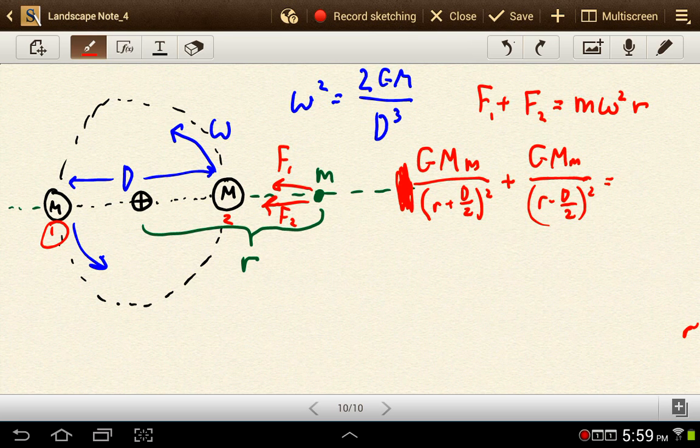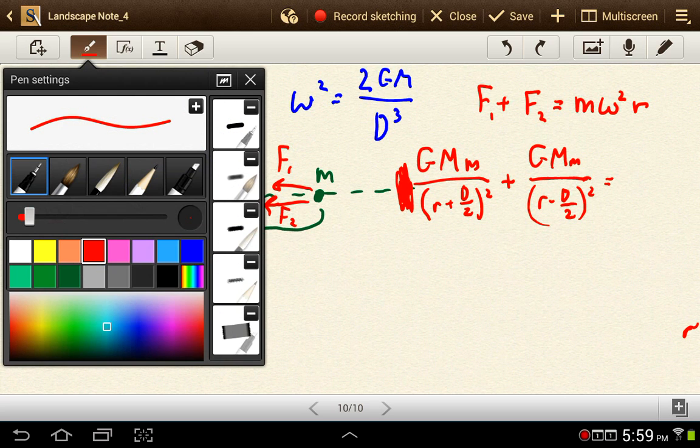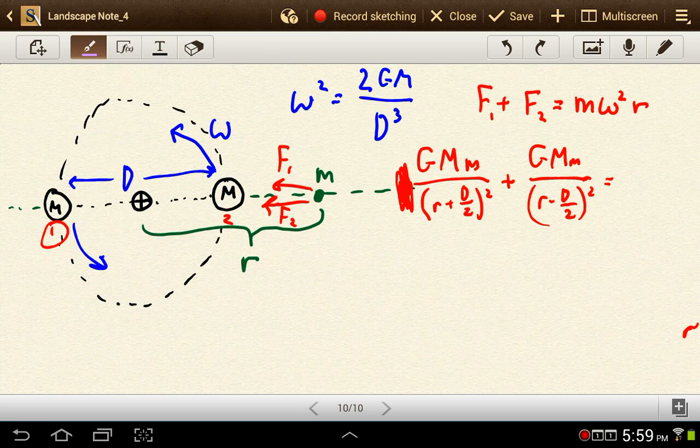We can take this omega squared here and substitute in 2 big G, big M, over d cubed, and remember this is also times little m and little r.